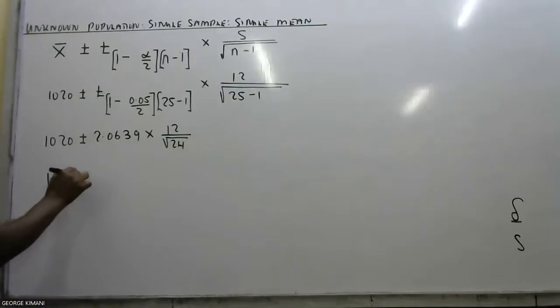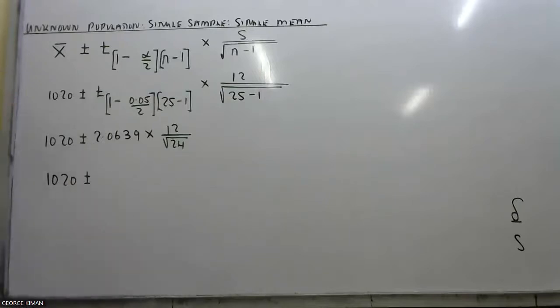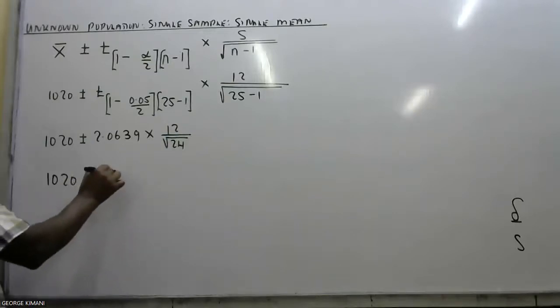So 20 plus or minus, to 2 decimals, 5.06.